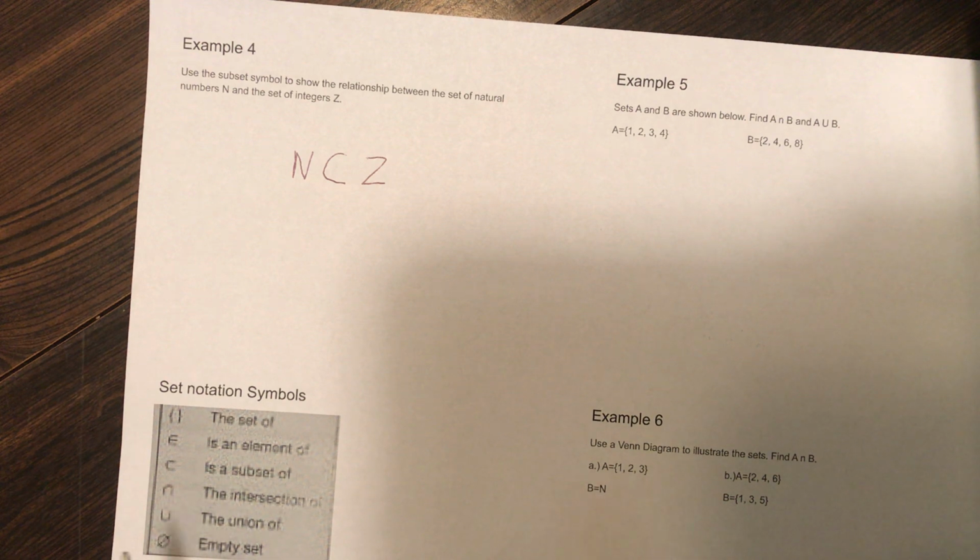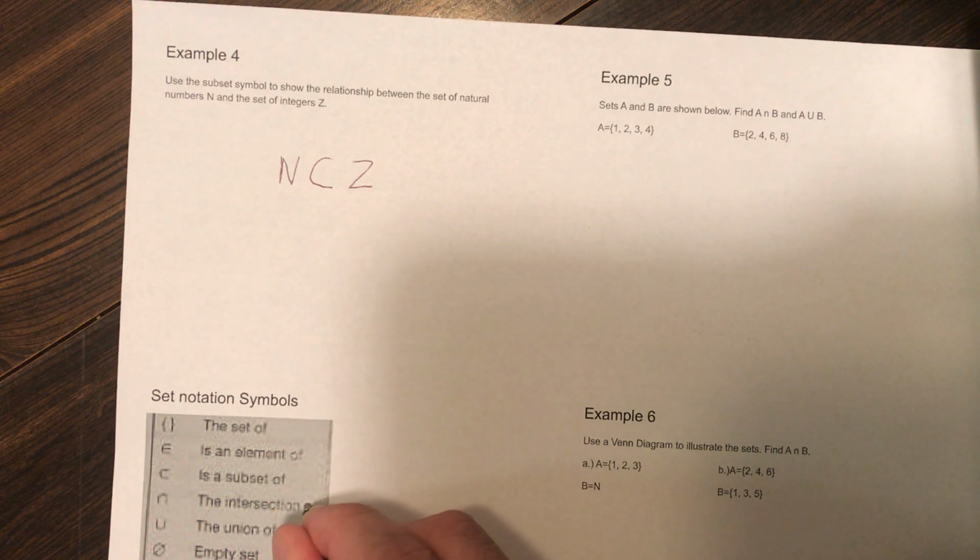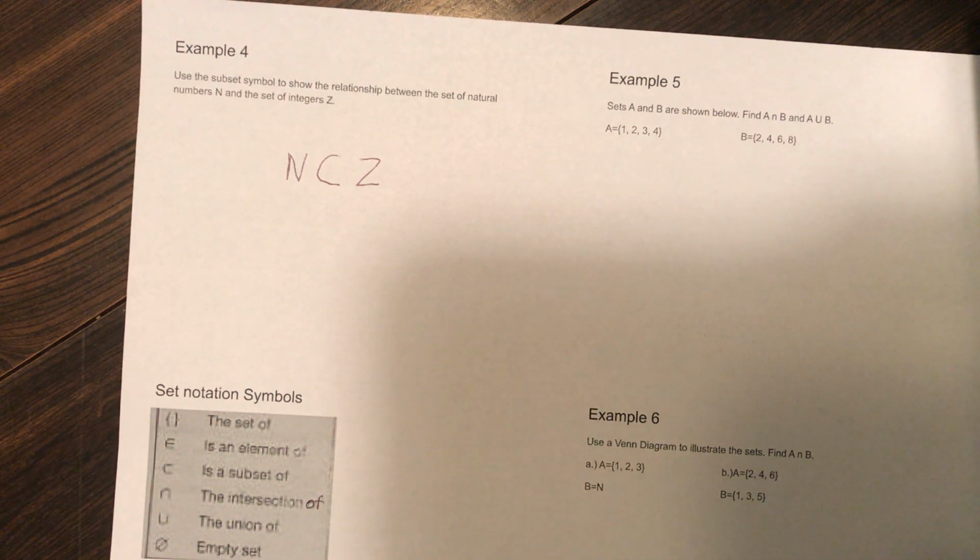So N, being the natural numbers, is a subset of integers. Now this is the symbols for a set of. Wish they would have brought it up in the lesson a little earlier. This should be the intersection of.